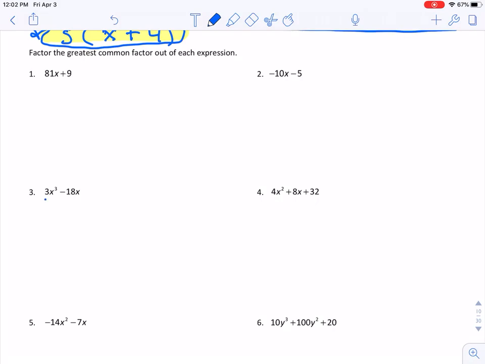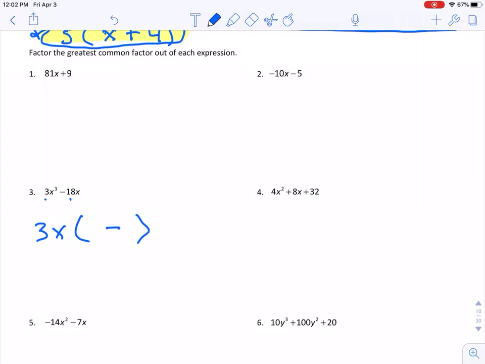So looking at 3 and looking at 18, the largest number that goes into both is 3. And now looking at x cubed and looking at x, the largest variable that goes into both of those is x. We are subtracting the 2 terms, so that's going to be subtraction there in the middle.